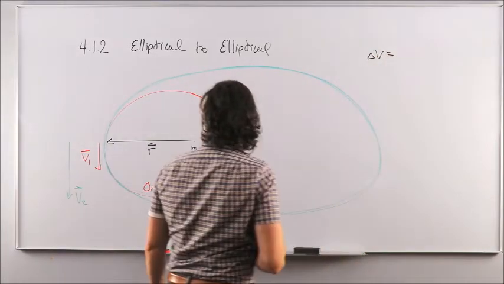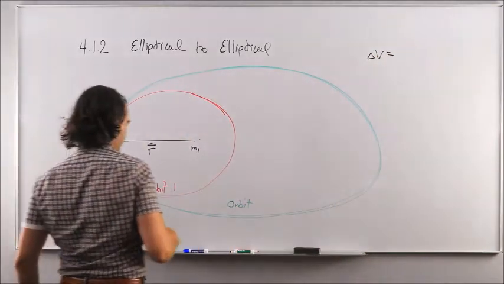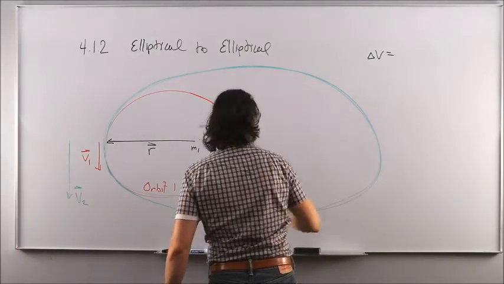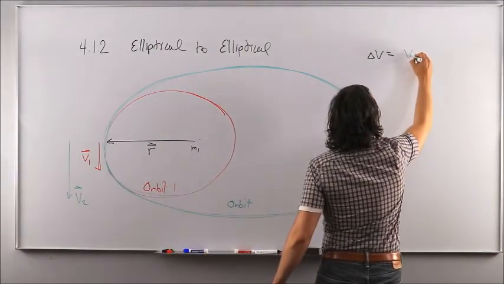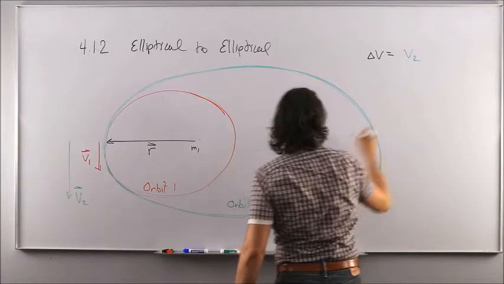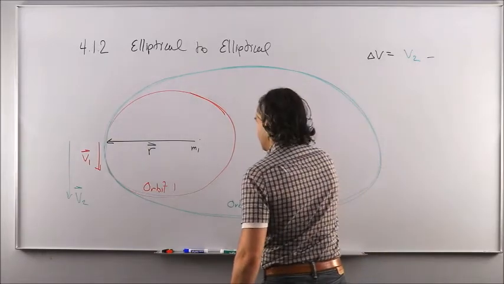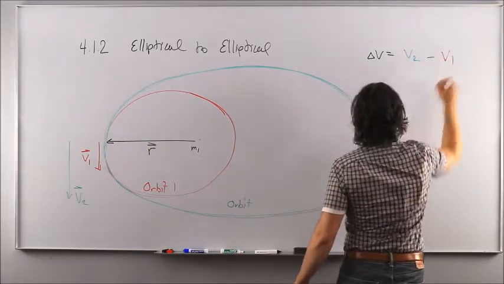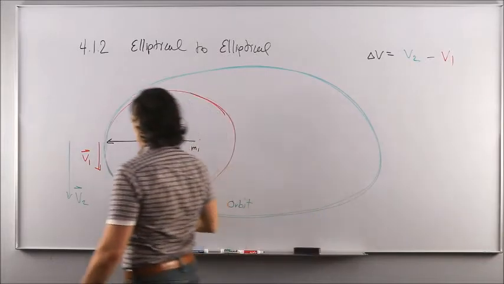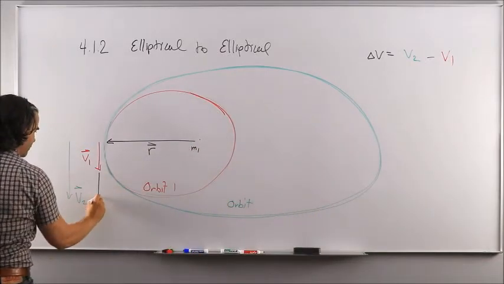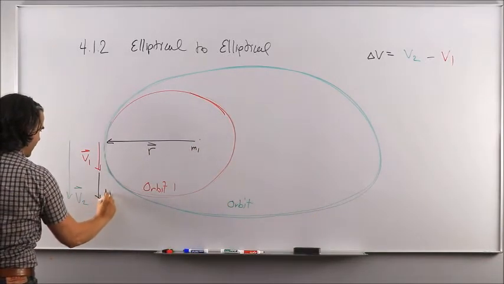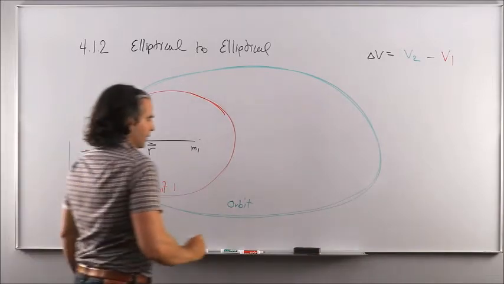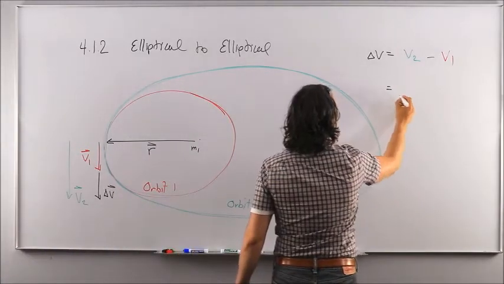Okay? Delta V is V2 minus V1, obviously. And for completeness, my delta V has to increase V1 all the way to V2 like that. Okay. What is V2?